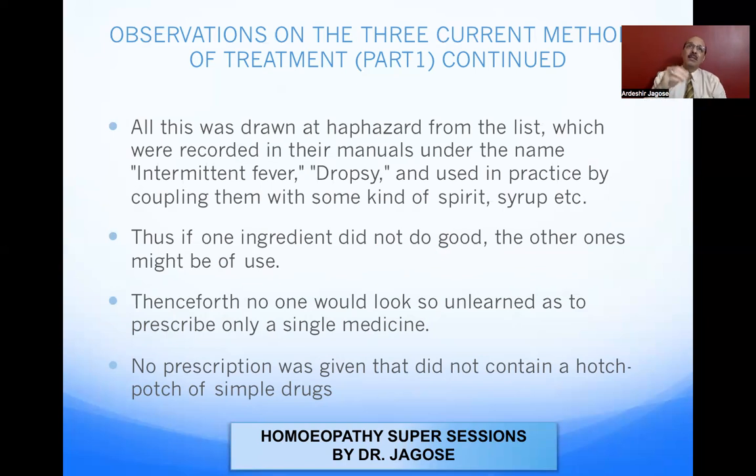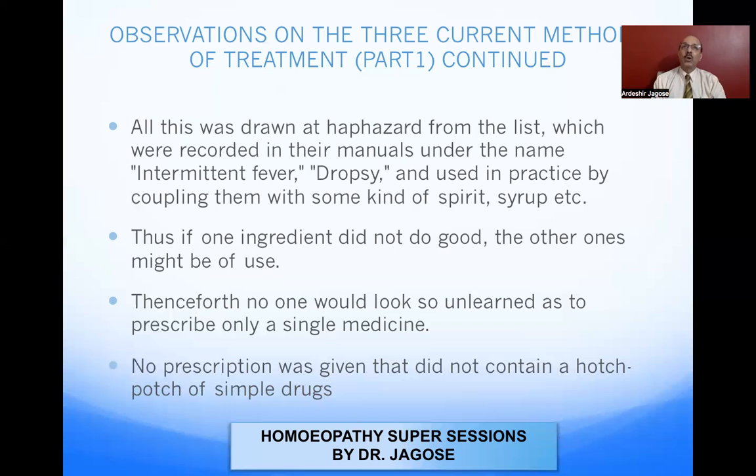And these medicines used to be mixed with some sort of a vehicle like a spirit or a syrup whereby they could dispense it. Thus, if one ingredient did not do good, the other one might be of use. So that is the advantage they thought of a compound mixture, that if one remedy did not work, at least the second, third, or fourth would be useful. Henceforth, only one so unlearned would prescribe a single medicine.